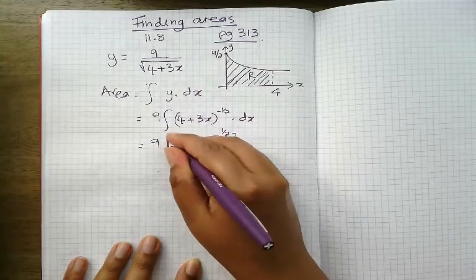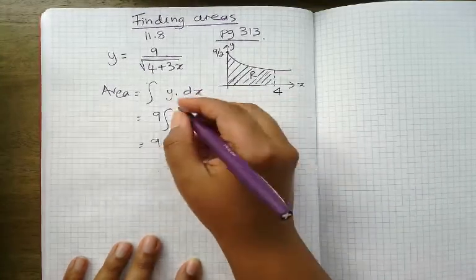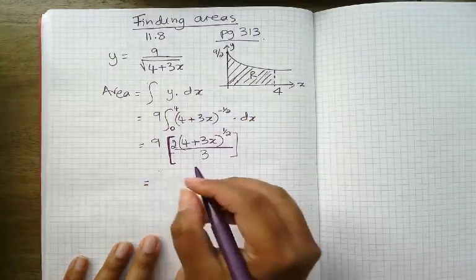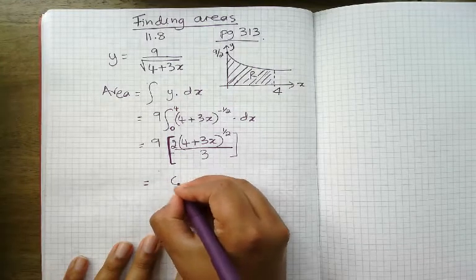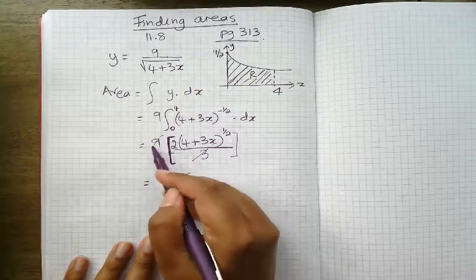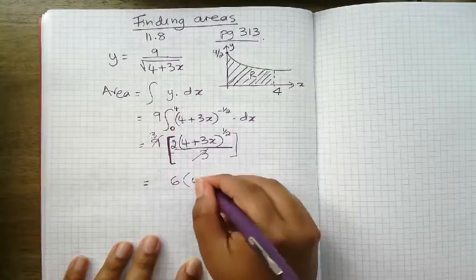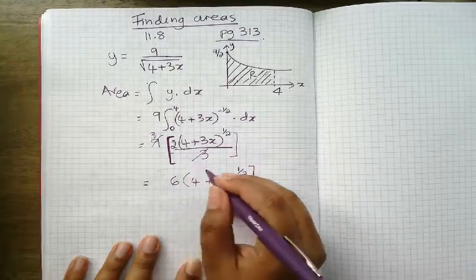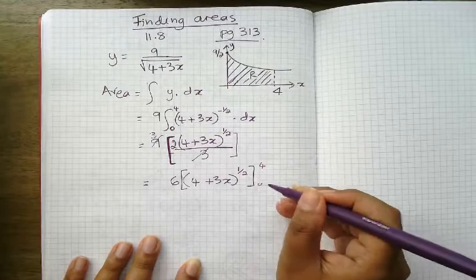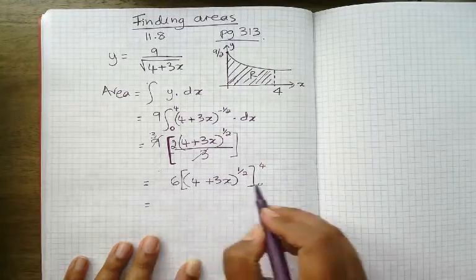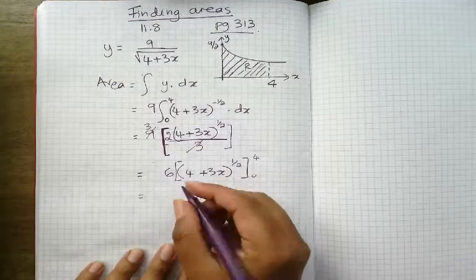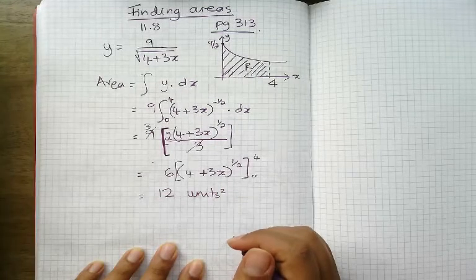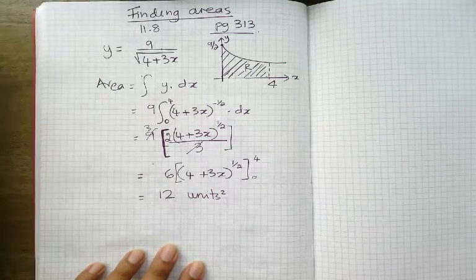We have now got the integral of this, and we are integrating this between 0 and 4. If we tidy this up, we are going to get 6, because this gets cancelled out. You've got 6 bracket 4 plus 3x to the power of a half, and you are inputting the limits 4 and 0, and if you input those limits using your calculator or by hand, you should get 12 units squared for your answer there.